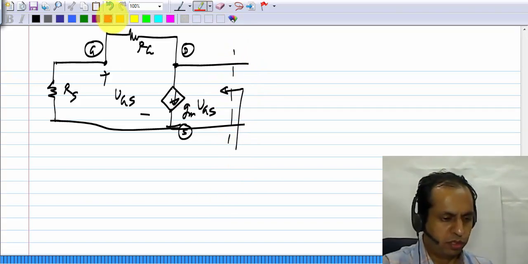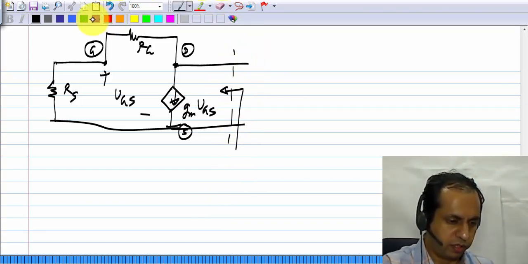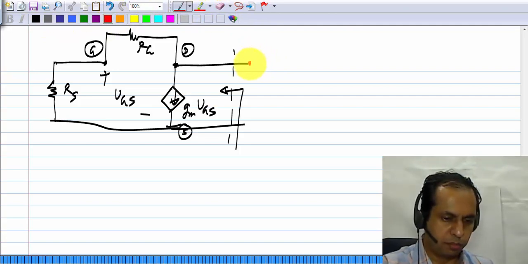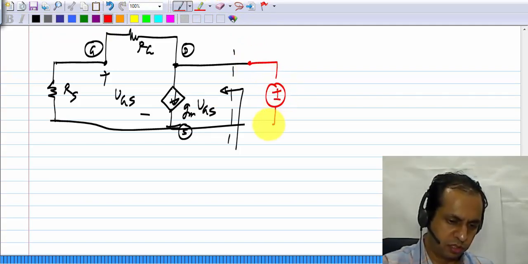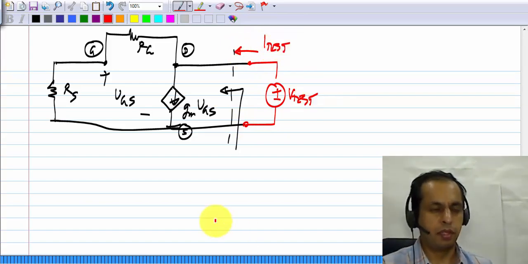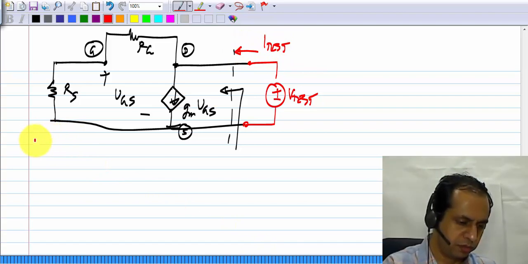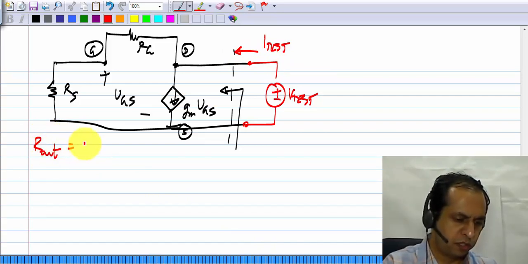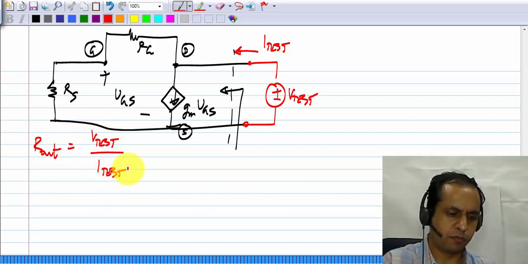And what do we do? As usual, we can apply a voltage source V test and find the current I test and take the ratio V test by I test.